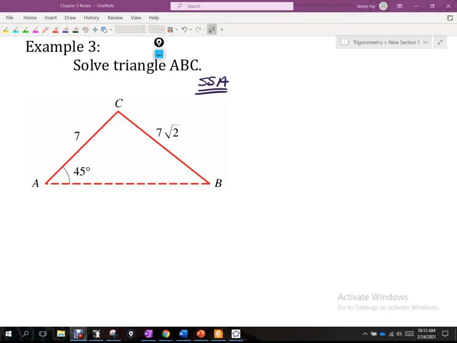But if I gave you all an angle and two sides, in the order of angle, side, side, depending on the sizes that I give you, we may not be able to create a triangle at all. Or there might be only one triangle that could be made.